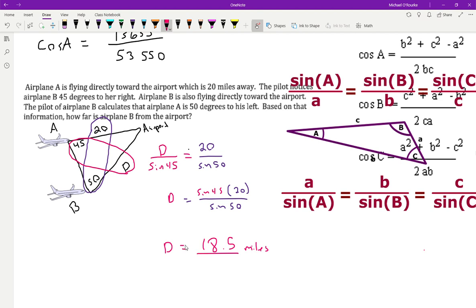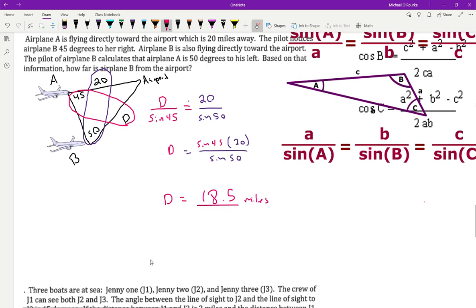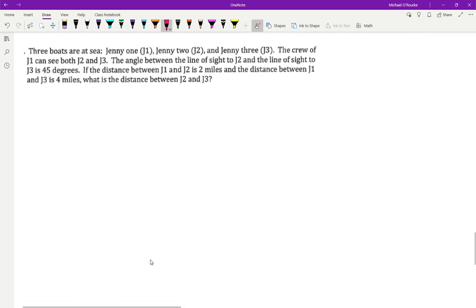Alright, so Colin got 26.9. What kind of calculator are you using, Colin? Oh, you're joking? Okay. Make sure your calculator is on degrees when you do this.